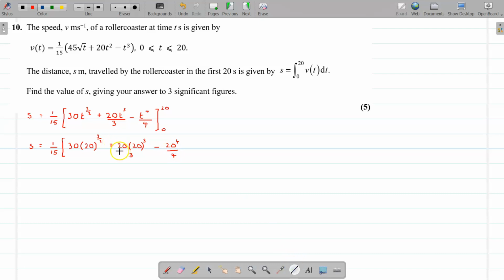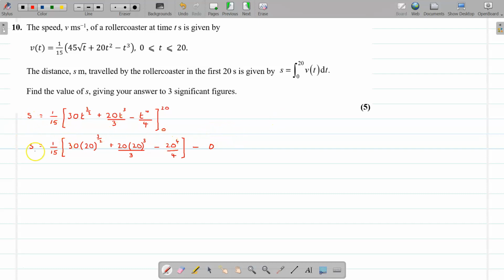Okay, so just be careful to use the same form and make the substitution clearly. That's with the 20 in, and then I'm going to take away the same thing with a 0 substituted. But given that every term is going to be 0, I think it's reasonable just to put the 0 in there as a single item like that.